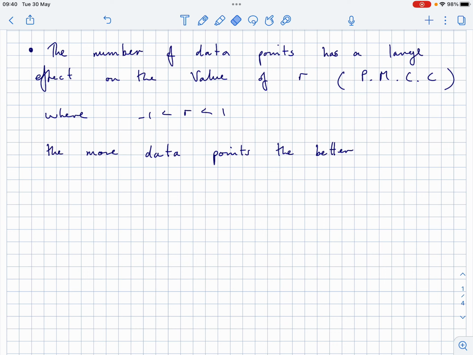So what does it look like on a scatter diagram? Well, the more pieces of scatter, the easier it is for me to eyeball a particular correlation. If I've only got two like this, I'd have to guess that the product moment correlation coefficient, which is always between -1 and 1, would be positive.